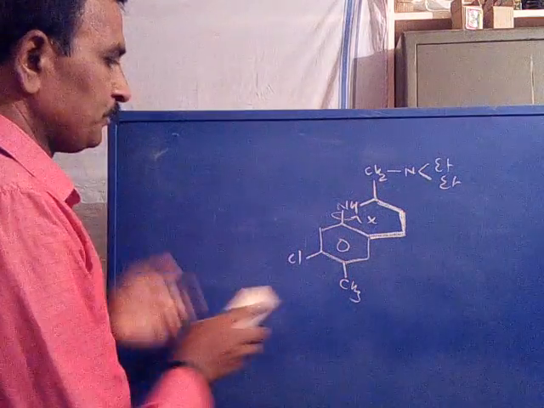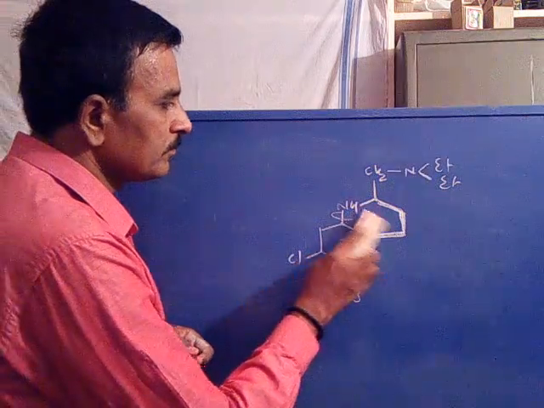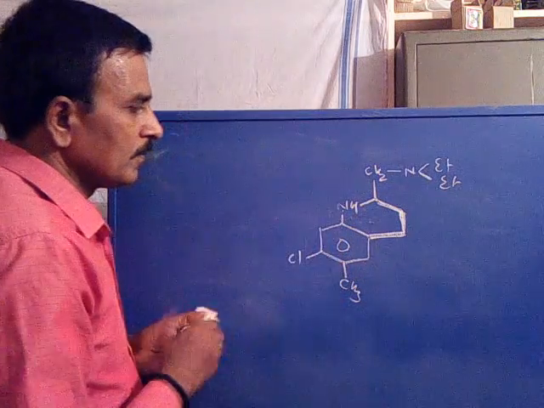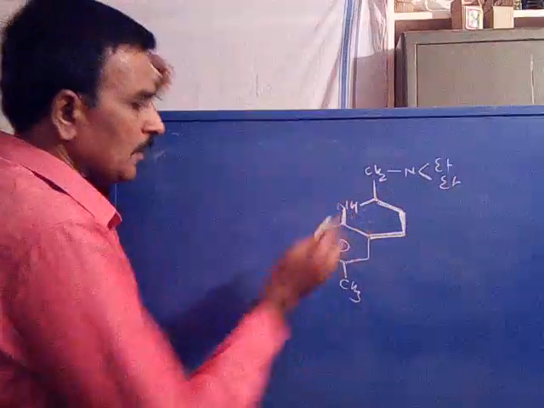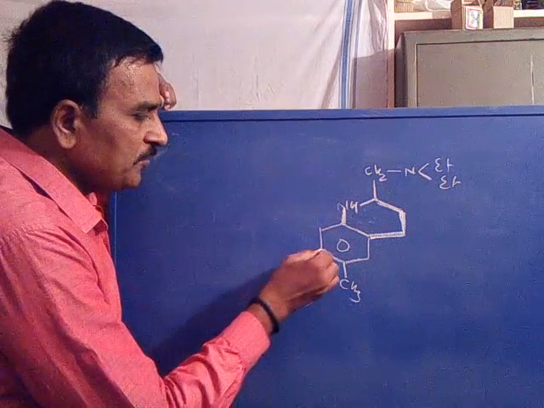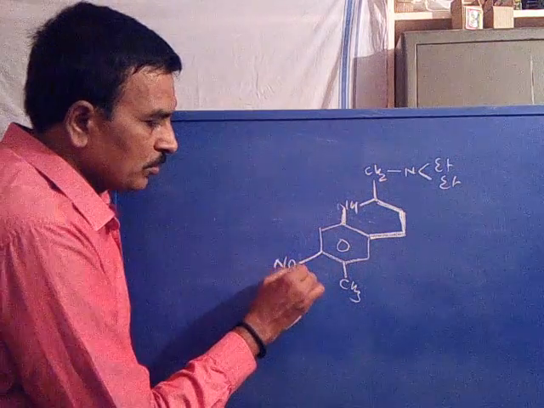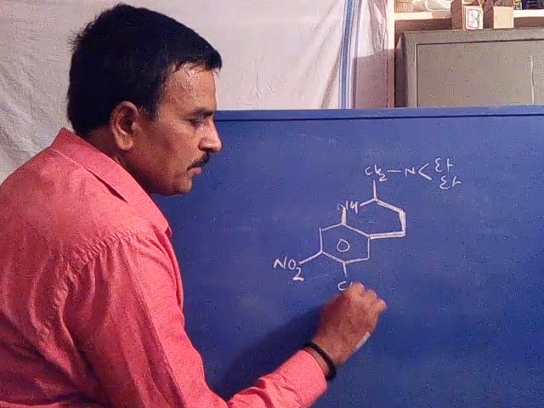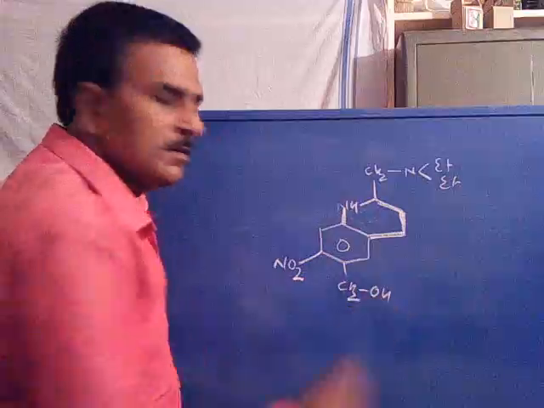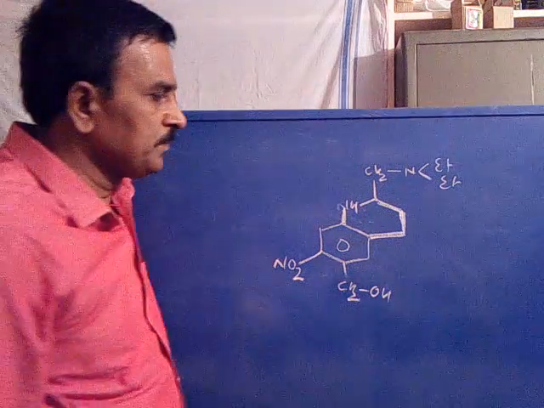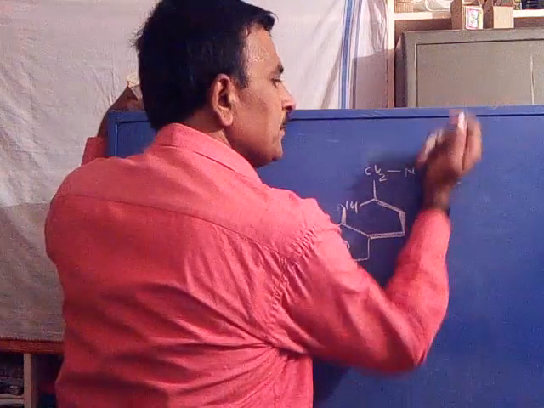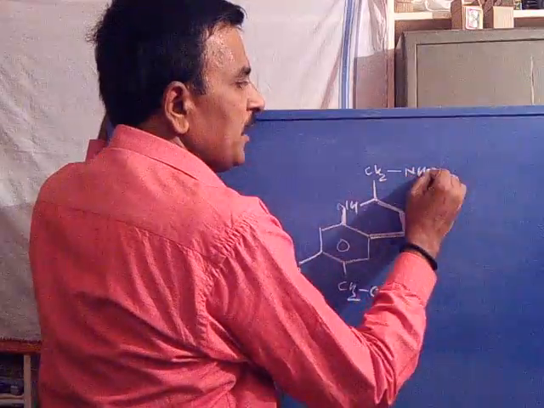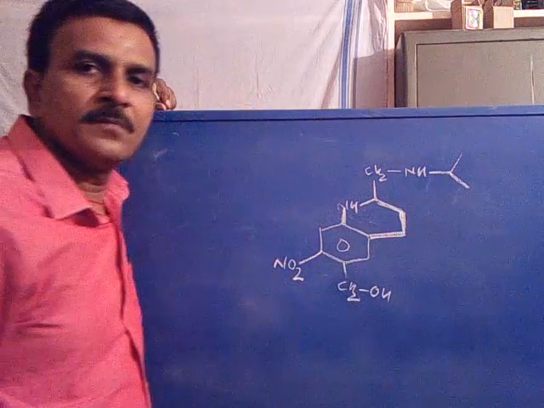Now you see, this group, chlorine, is replaced with the NO2 group. The CH3 group is transformed into CH2OH, and this diethyl group is replaced with isopropyl.